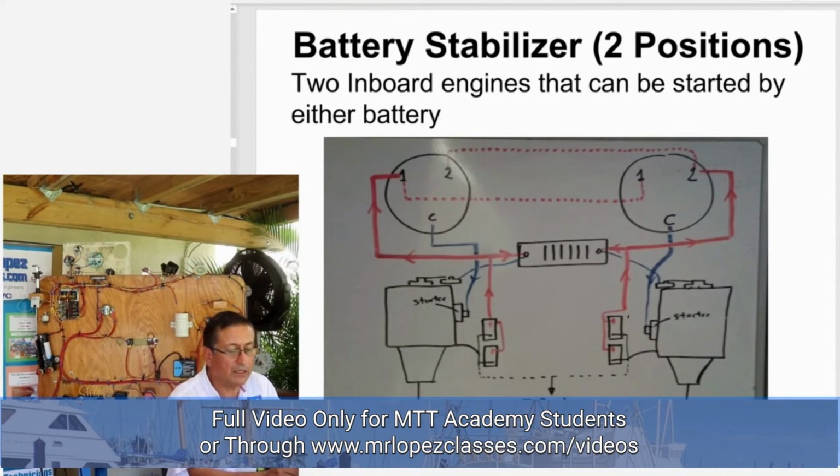I have one battery bank, I have another battery bank. The positive of this battery bank enters position number 1, and the positive of the second one enters position number 2, and from position number 1 I connect to this ACR, and from this position I connect to the other terminal on the ACR.